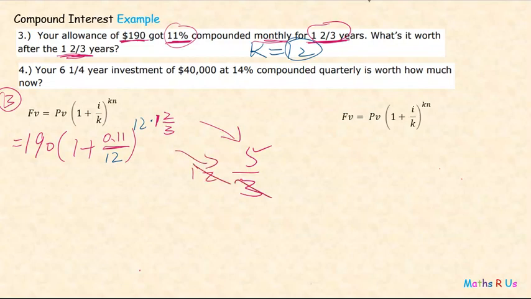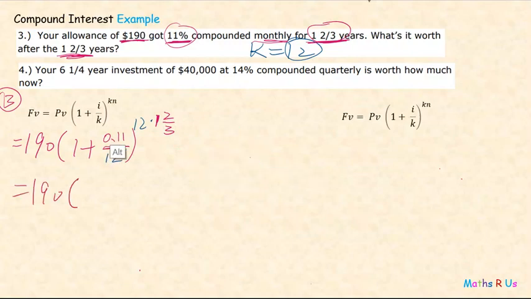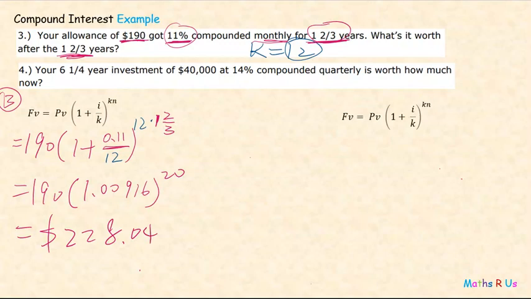Simplify, that's 4 times 5, that's 20. So this is equal to the power 20. Put it in the calculator, it's equal to $228.40. That is the total amount you get after 1 and 2 over 3 years. That's your answer. Now let's see question 4.